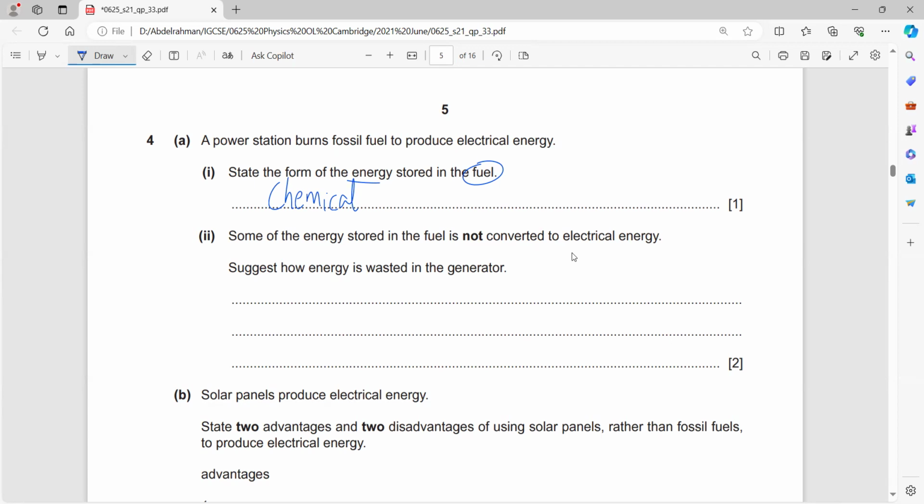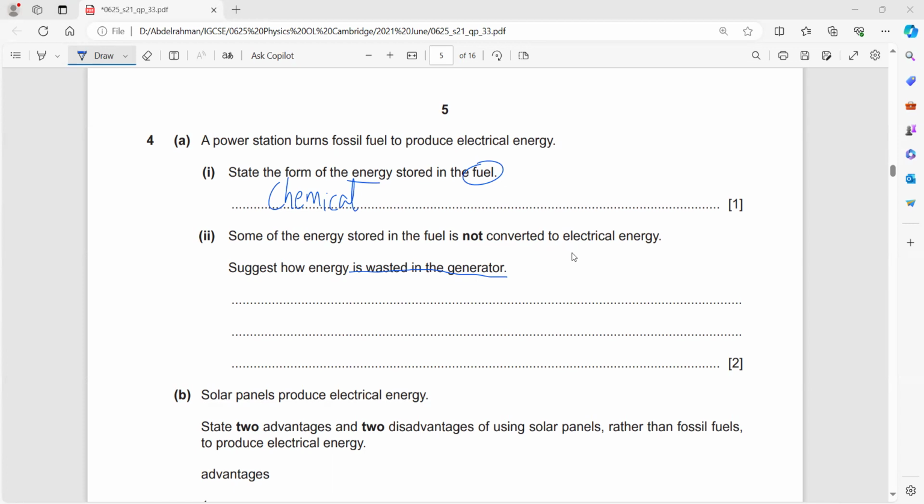Some of the energy stored in the fuel is not converted to electrical energy. How is the energy wasted in the generator? It's a very, very common question. In any conversion, most of the energy is usually wasted as thermal, which is heat, and friction.